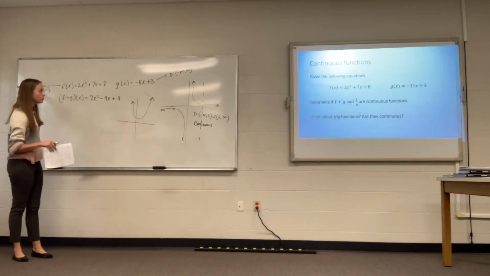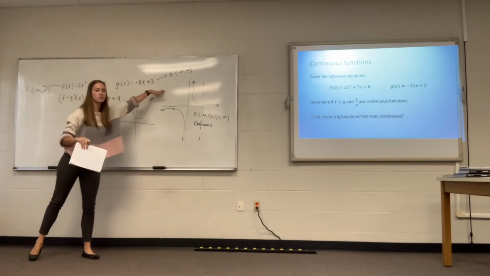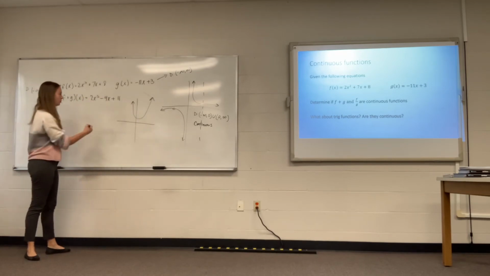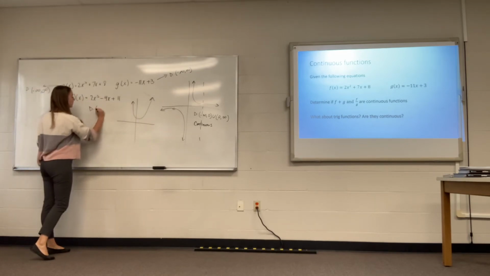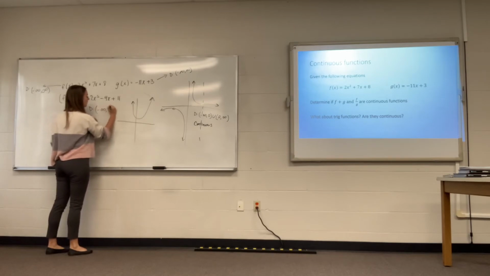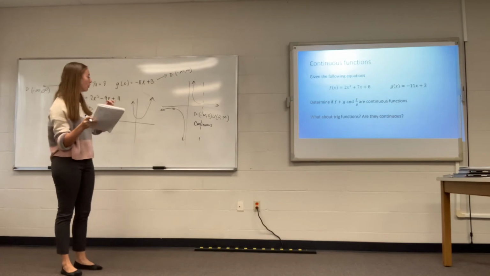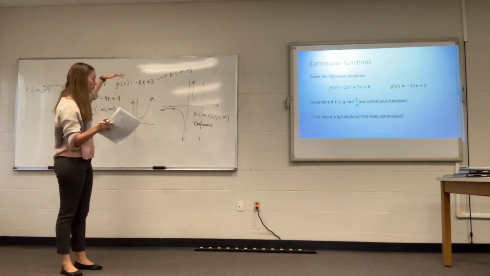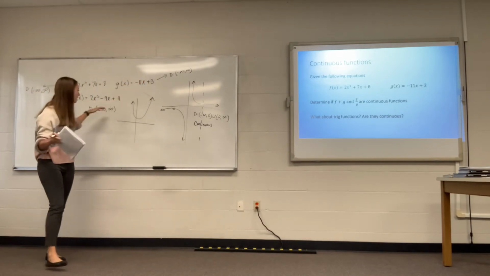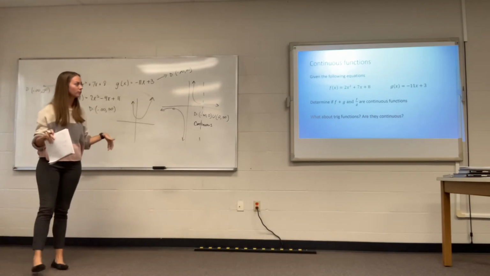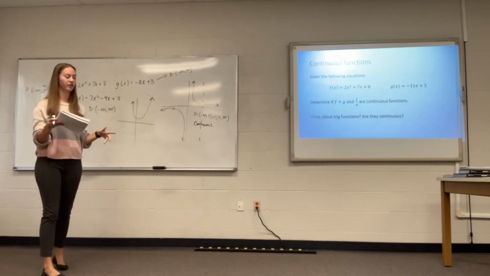So because f was continuous and g is continuous, I know that this one is going to be continuous over my domain, which is negative infinity to positive infinity as well. So for f plus g, it's also a continuous function.